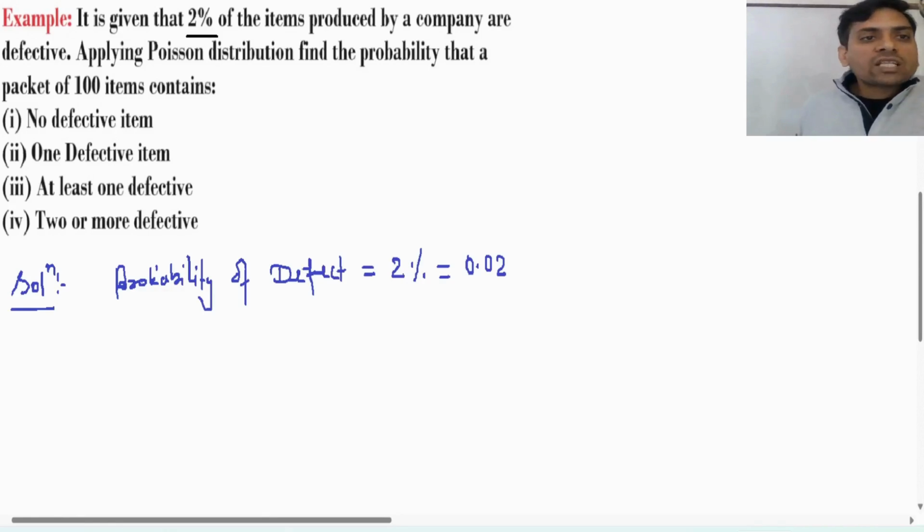So is your question based on defective product or fresh product? All these parts are based on defective product. Clear?